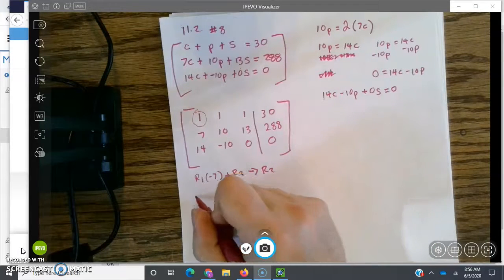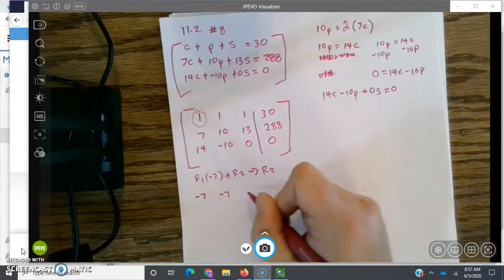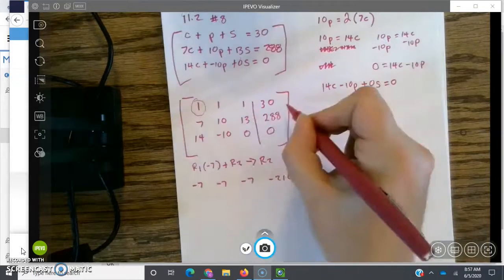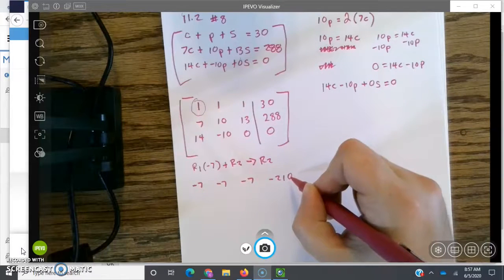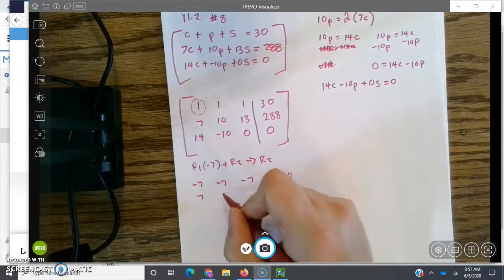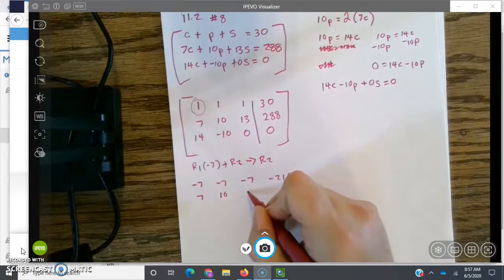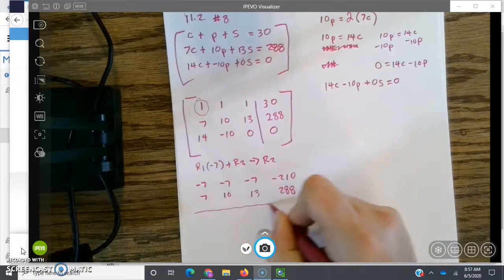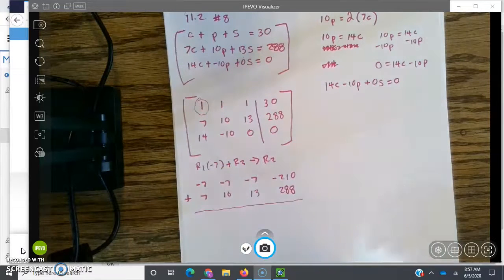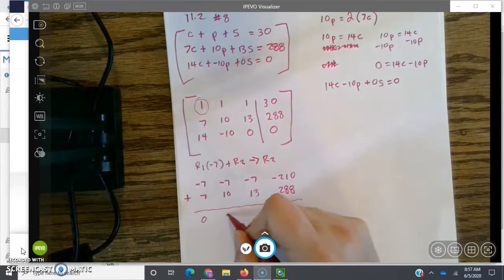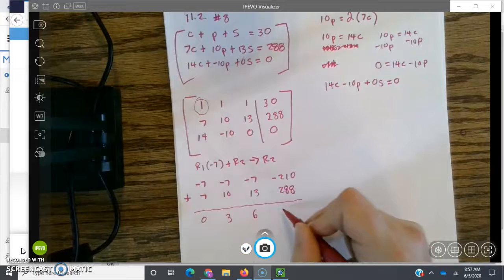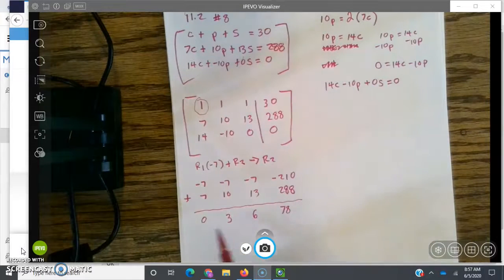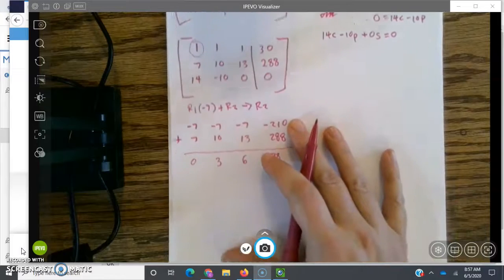So I'm going to take negative 7 times row 1, and then row 2, and add these together. Okay, so now I have a row that's going to go in place for row 2.